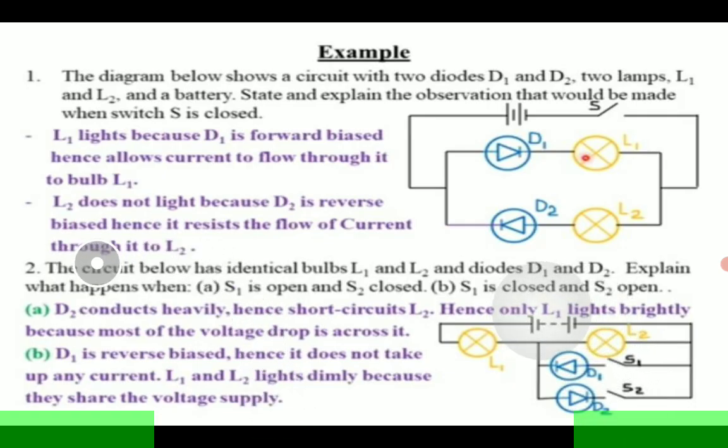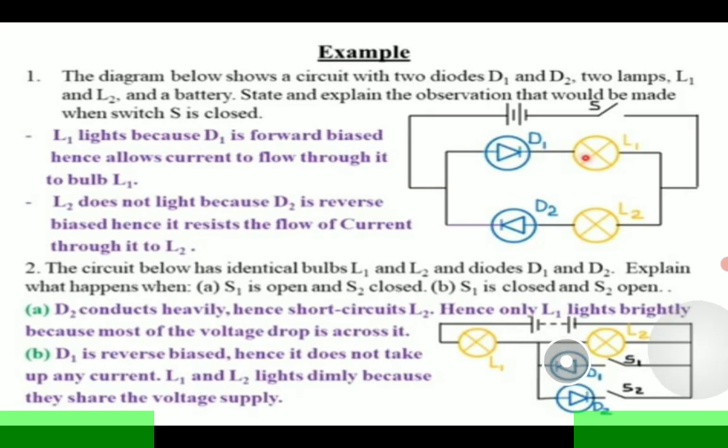Number 2. The circuit below has identical lamps L1 and L2, and D1 and D2, these are diodes. Explain what happens when S1 is closed and S2 is open, and when S1 is open and S2 is closed. Once again, follow the direction of connections.